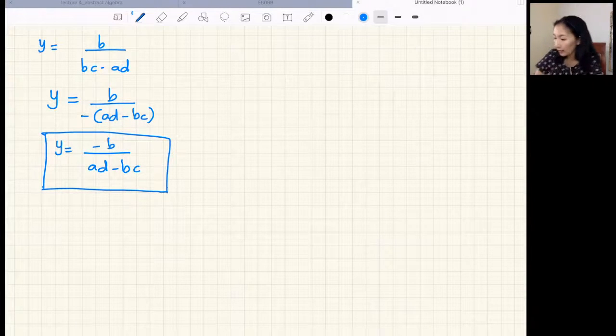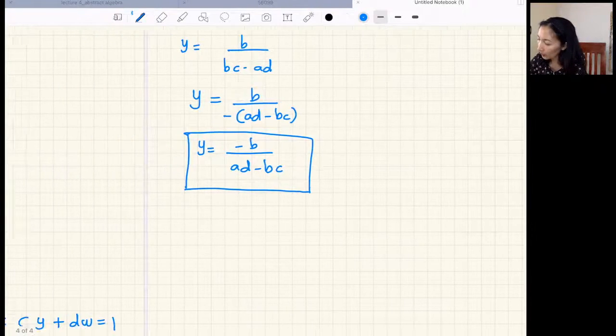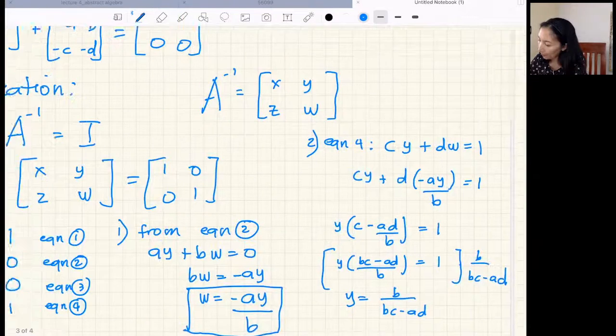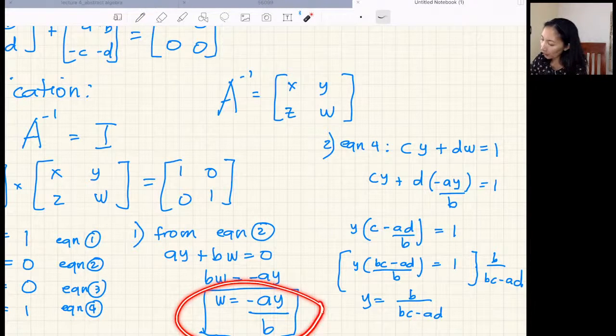And then, take any of the equations. So we found Y. Going back, looking back for W, we can now replace Y with the expression that we obtained.